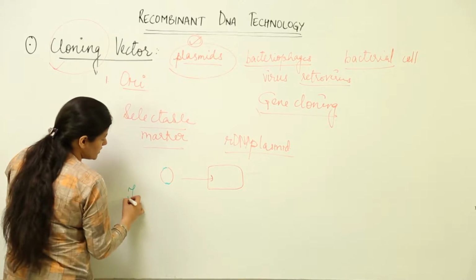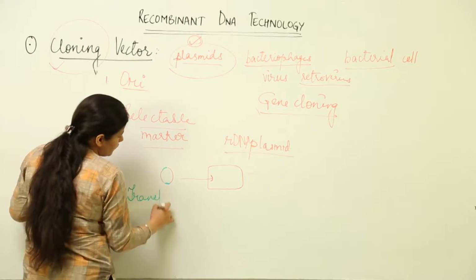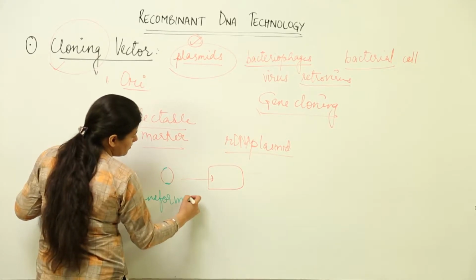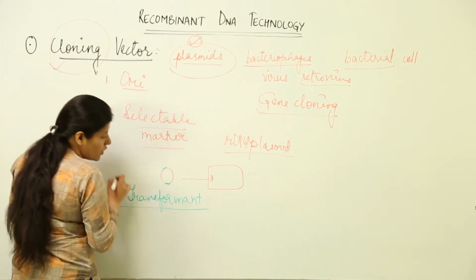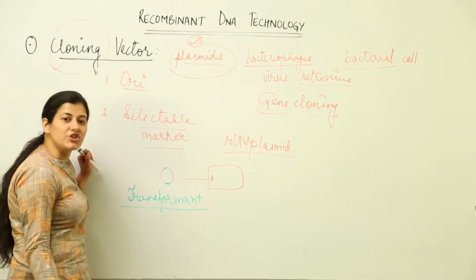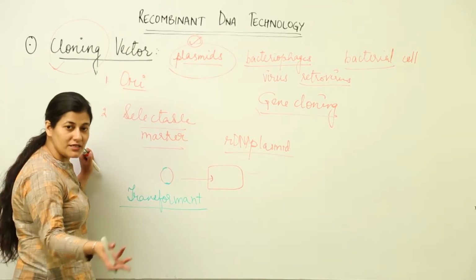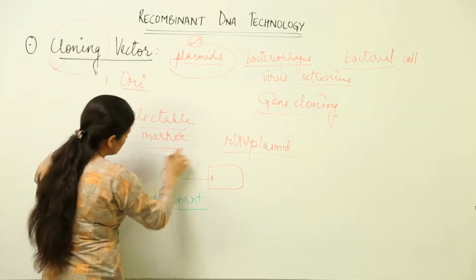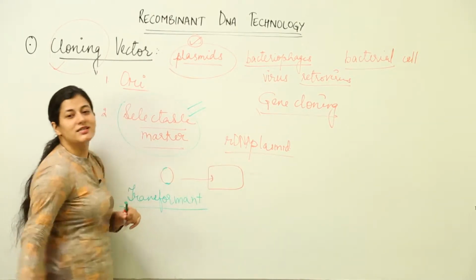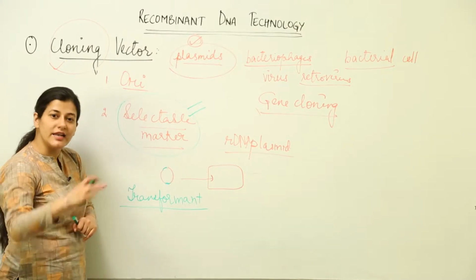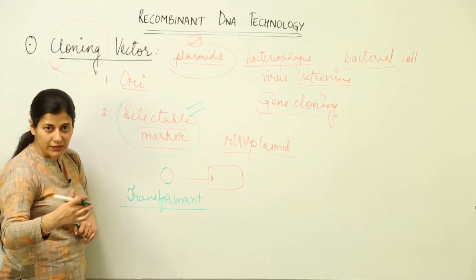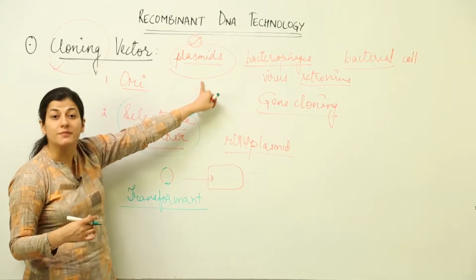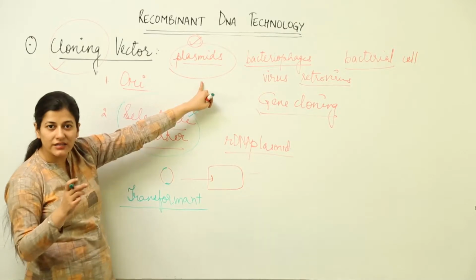Now, what is a transformant? A transformant is the host cell which has recombinant DNA in it. So, whether the cell is a transformant or a non-transformant can be made out if the vector is given a selectable marker. Selectable marker is nothing but an activity that is shown once the vector, that is the plasmid, is given the desired gene.